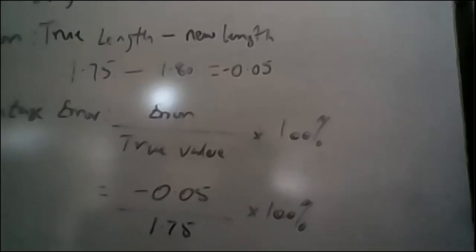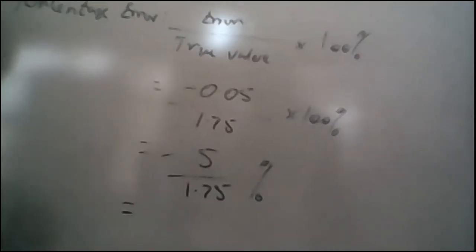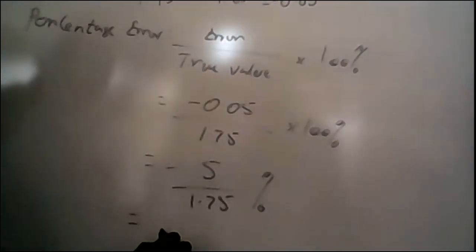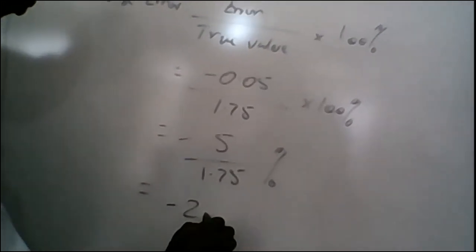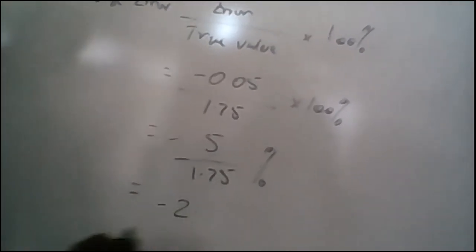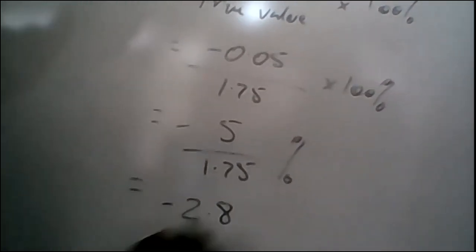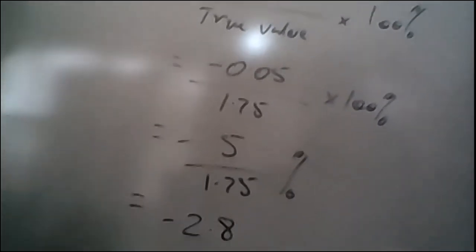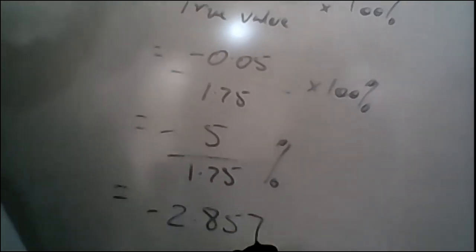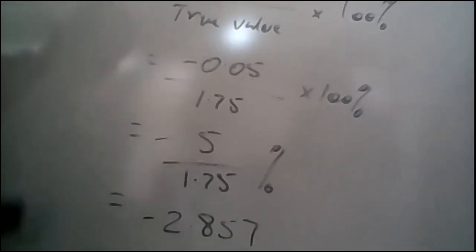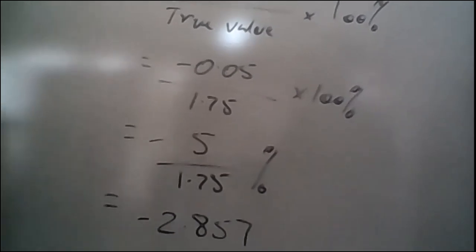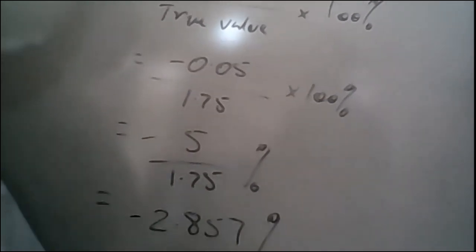We do the division, you will have minus 2.857, or plus 2.857%.